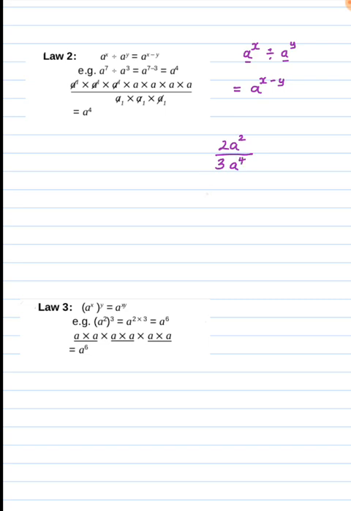If we are given it like this, the numbers divide each other, so we say 2 over 3. Then we have a, since the bases are the same, we get a to the power of 2, but since it's a division, it is 2 minus 4. Then we get 2 over 3 a to the power of minus 2.